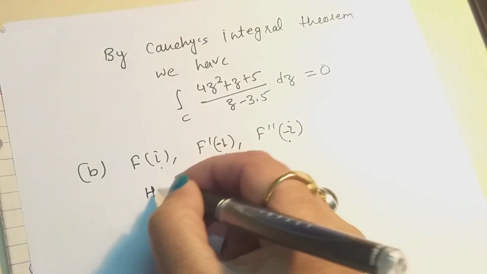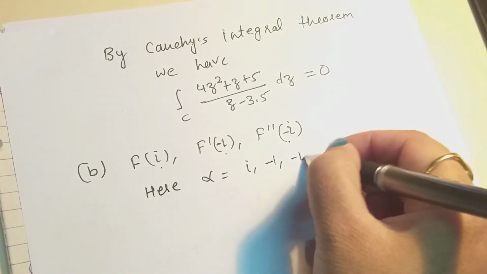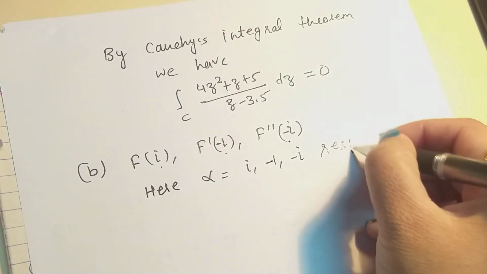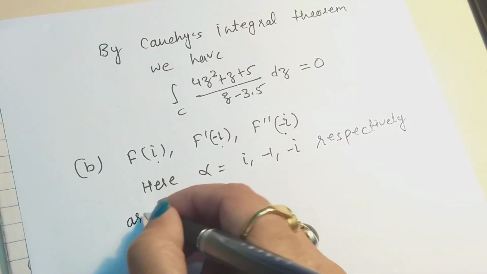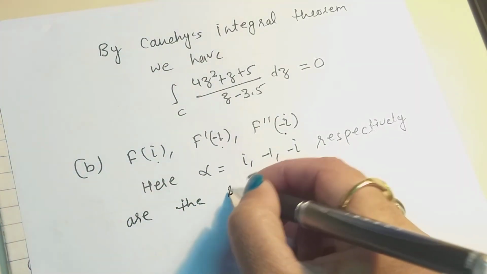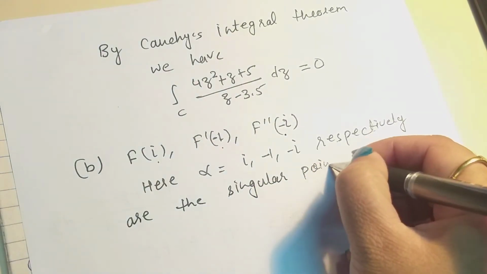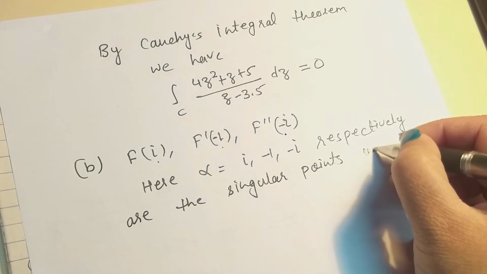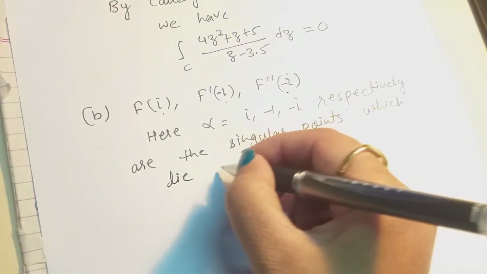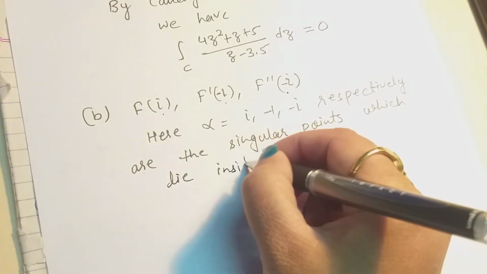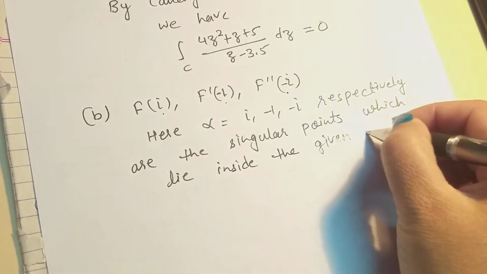Okay, so here α is equal to ι, −1 and −ι respectively, are the singular points which lie inside the given ellipse.